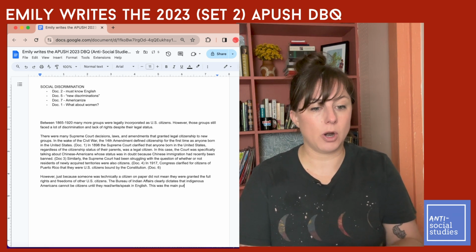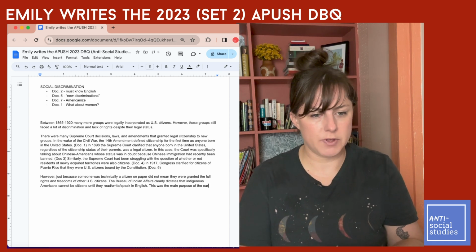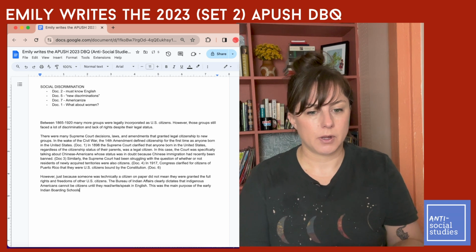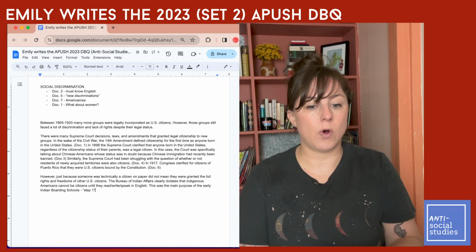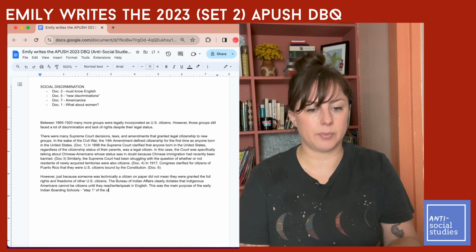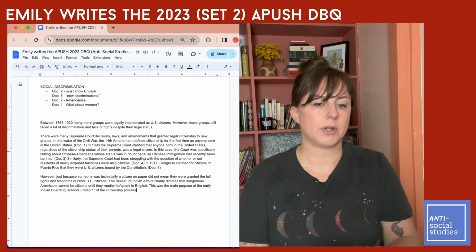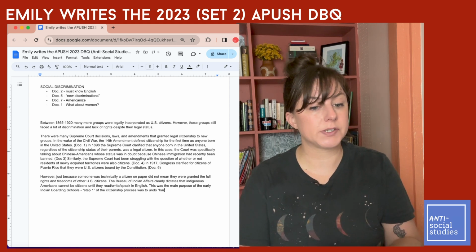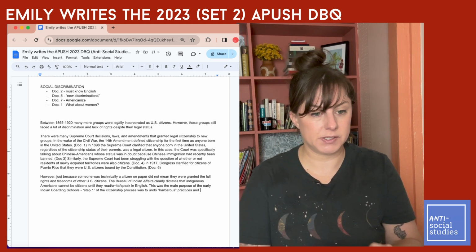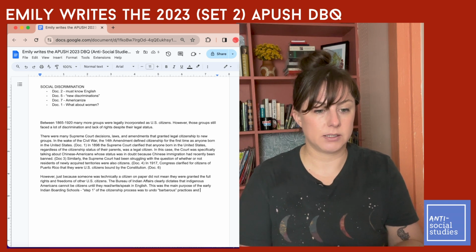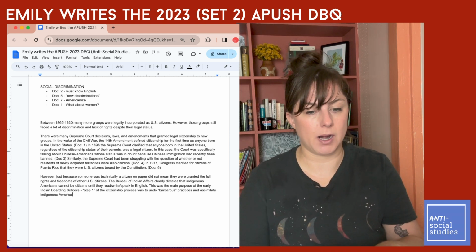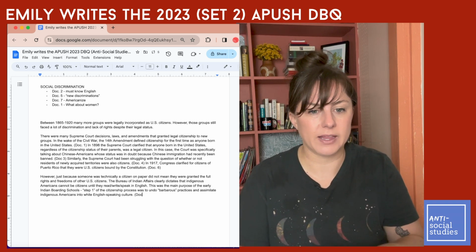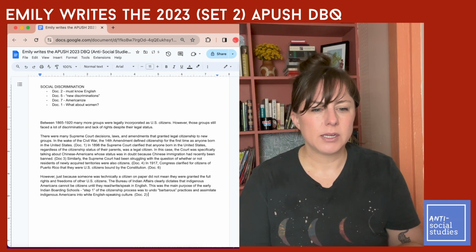This was the main purpose of the early Indian boarding schools. Step 1 of the citizenship process was to undo, and I'm putting this in quotes, "barbarous" practices and assimilate Indigenous Americans into white English-speaking culture. Okay, and that's document 2. Document 5.